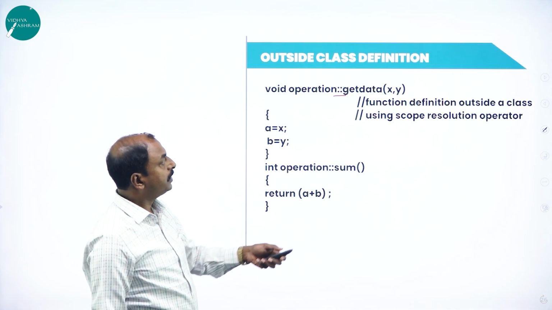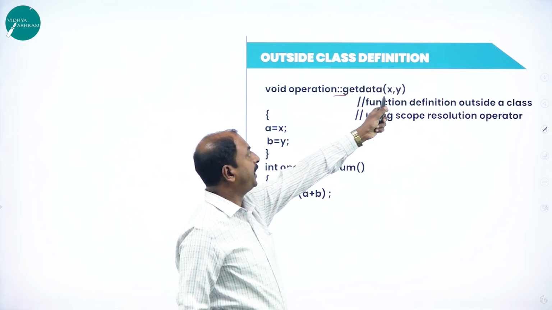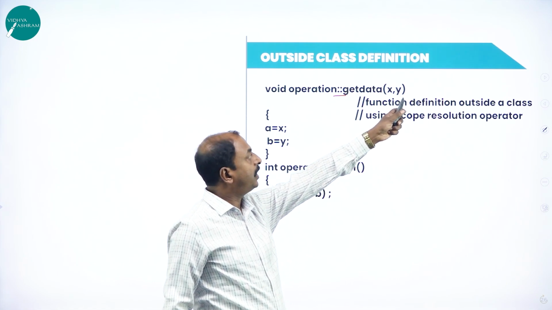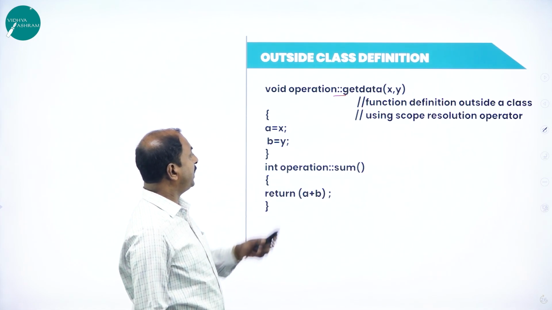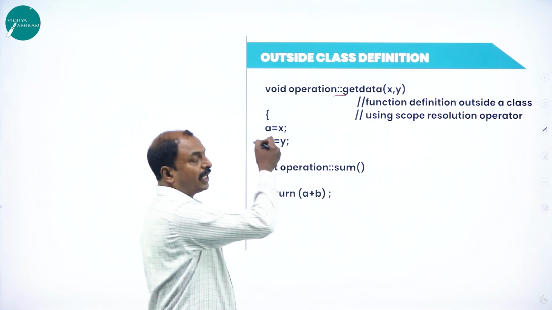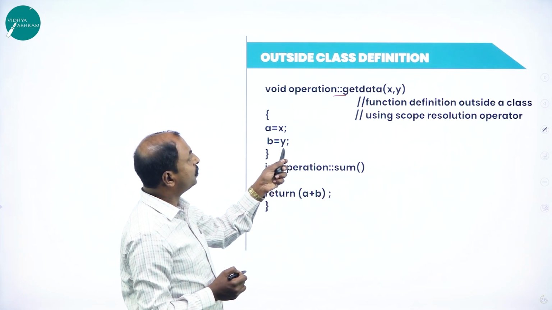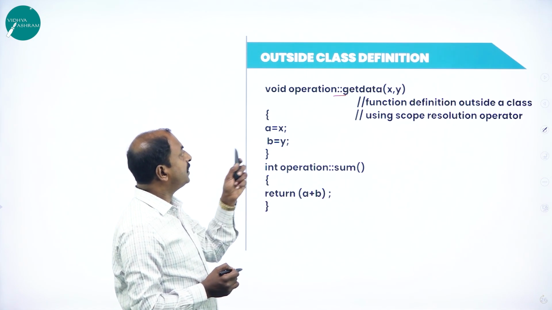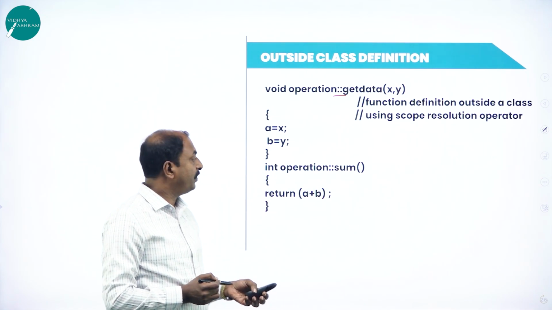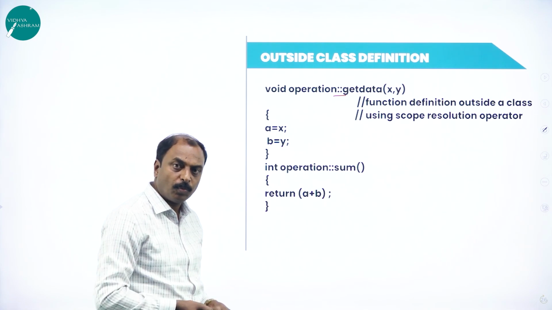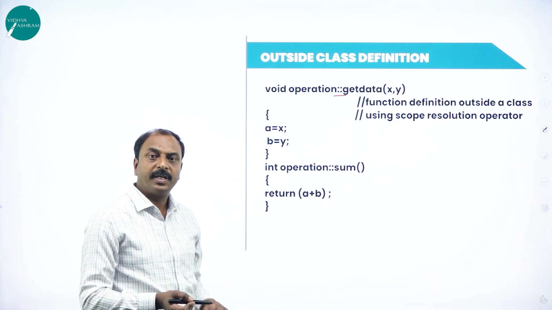In the syntax, x and y are the arguments; open the bracket, and here we write the body of the function: a equals x and b equals y. Now close the function.